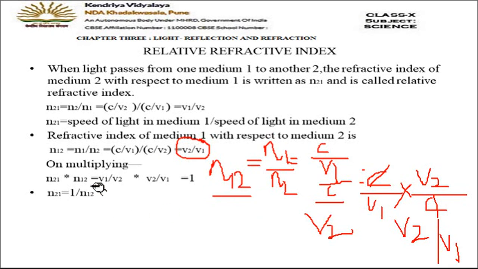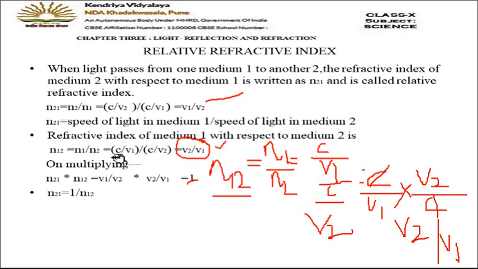Now, on multiplying these two, v1 upon v2 which we got first, and then multiplying by v2 upon v1, we get 1. That means they are both reciprocals.